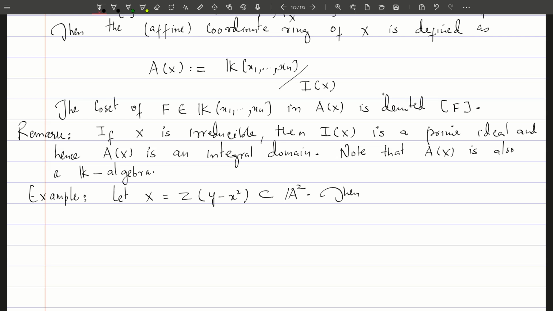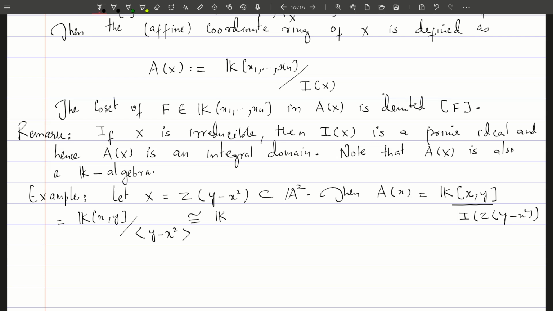Then A(X) is actually the polynomial ring K[x,y] modulo the ideal of the zero set of this polynomial, which is the same as the quotient ring K[x,y] modulo the ideal generated by y minus x squared, and one can see this is isomorphic to K[y].